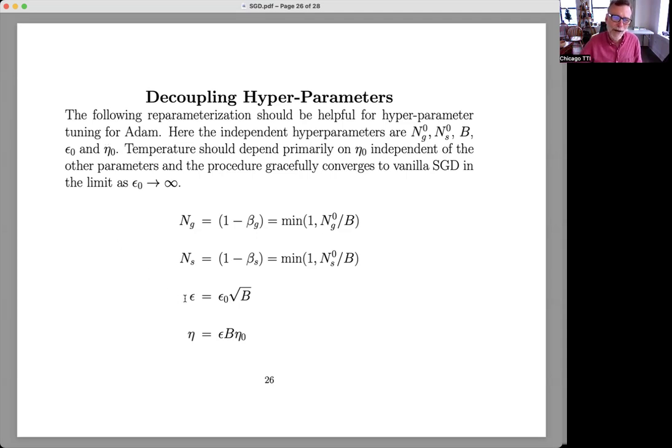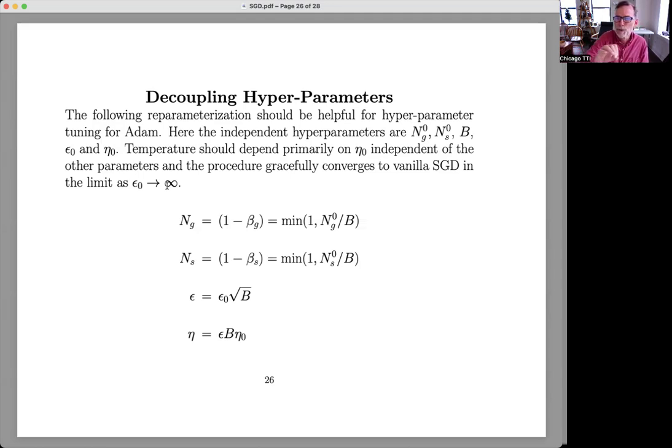This particular way of defining Adam's epsilon also has the nice feature that if you take your independent parameter epsilon to infinity, then Adam smoothly and gracefully converges to vanilla SGD, which is a good thing, because sometimes vanilla SGD is non-adaptive. Vanilla SGD actually does as well as Adam.